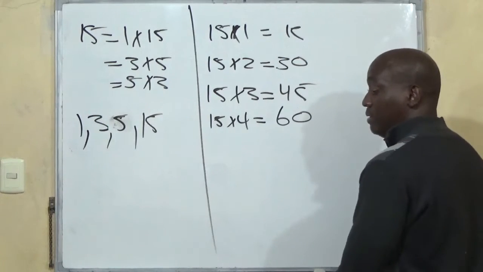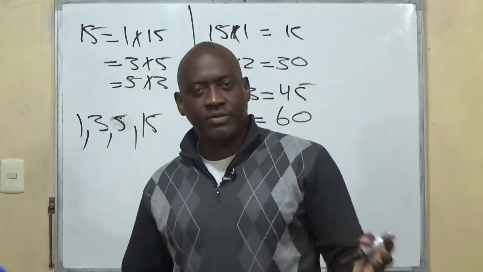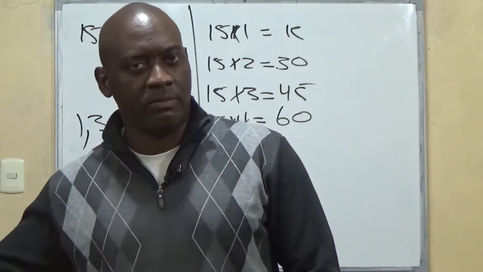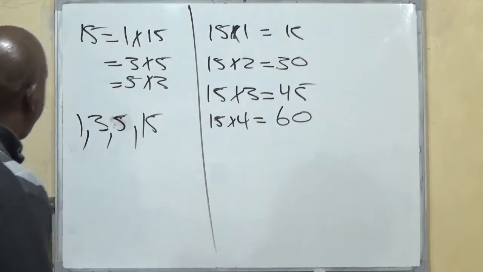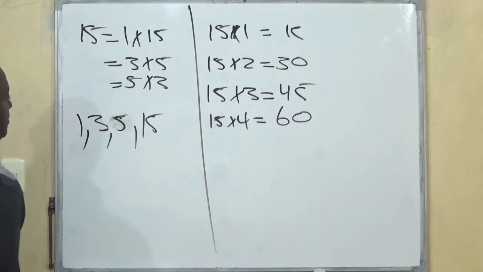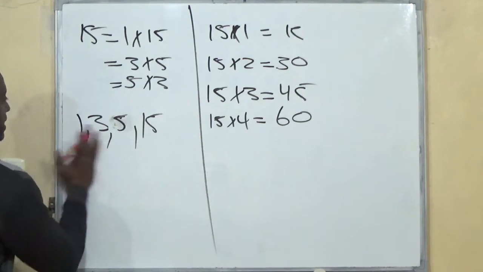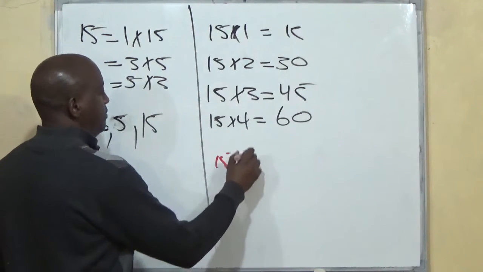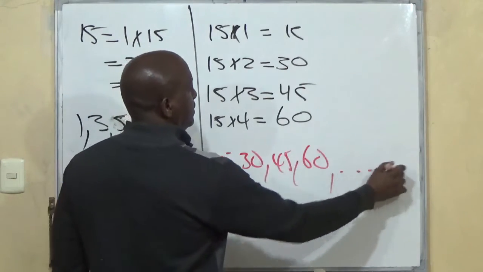And we could go on and on. 15 by 5 is 75. 15 by 6 is 90. 15 by 7 is 105. Etc. So if we had to list the factors of 15, we have 1, 3, 5, 15. And if we had to list the multiples of 15, it would be 15, 30, 45, 60, and so on.